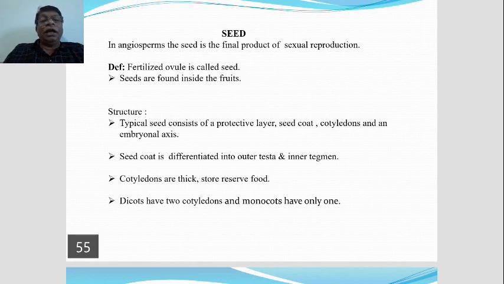Whereas the inner layer we call tegmen, which is quite thin compared to testa. Thus the integument is transformed into testa and tegmen.